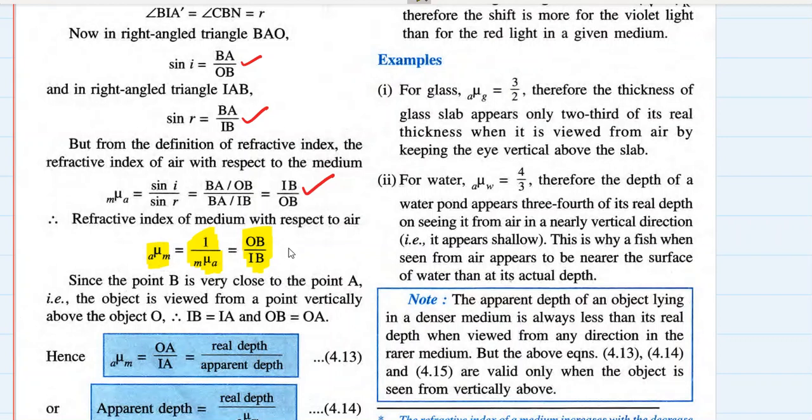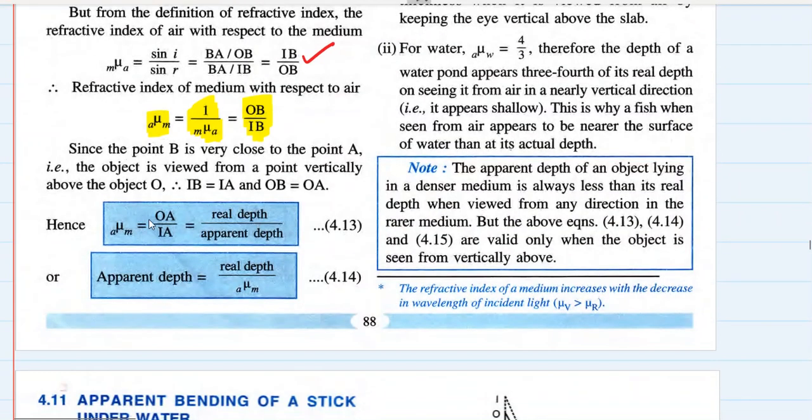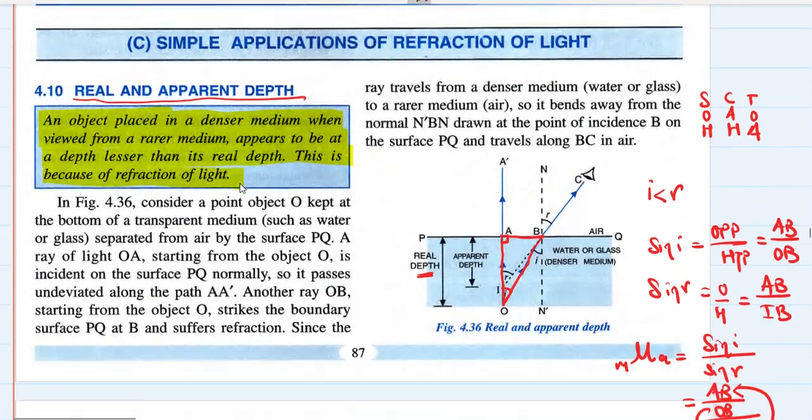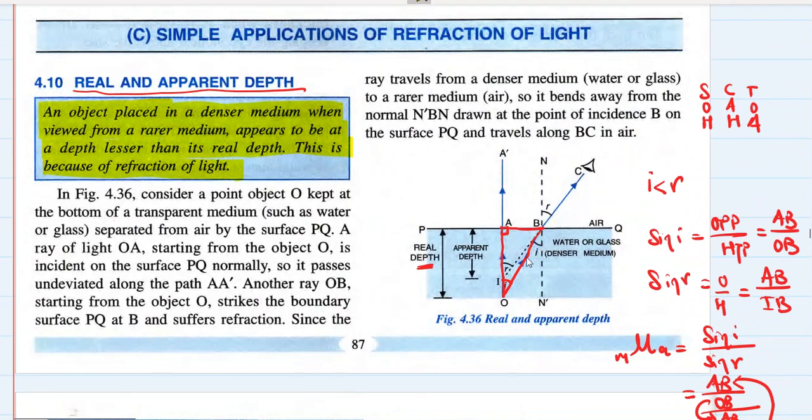Since the point B is very close to the point A, that is, the object is viewed from a point vertically above the object O, IB is equal to IA. There is one assumption which they have made, that IB is equal to IA or OB is equal to OA, since these two points A and B are not very far away.